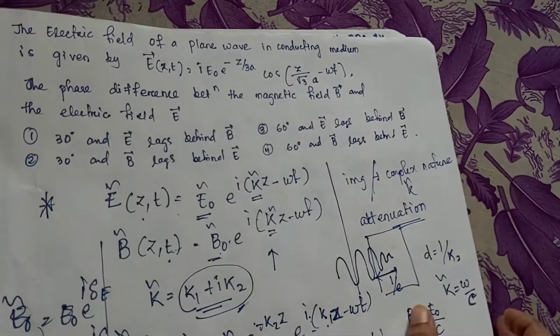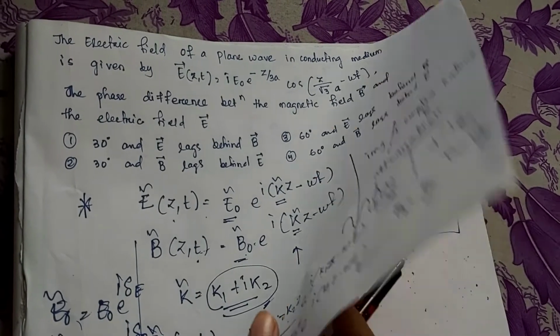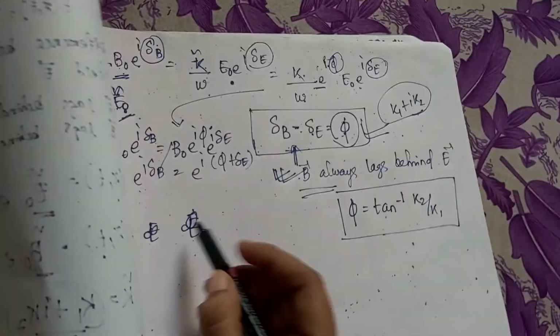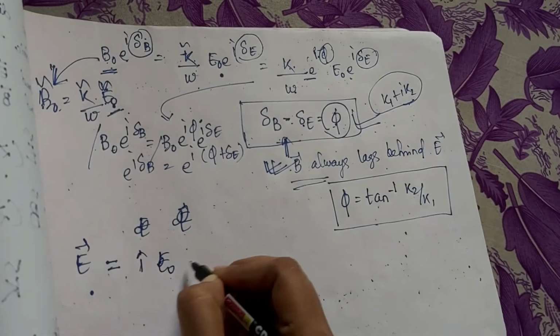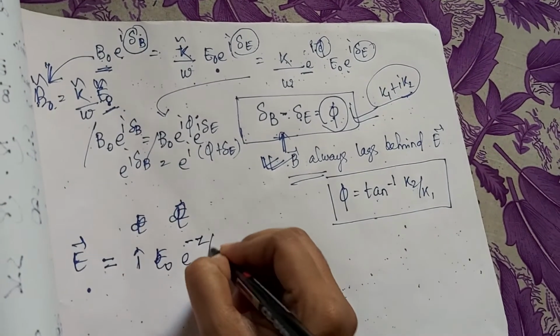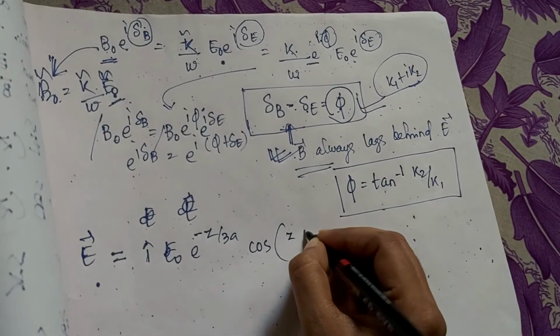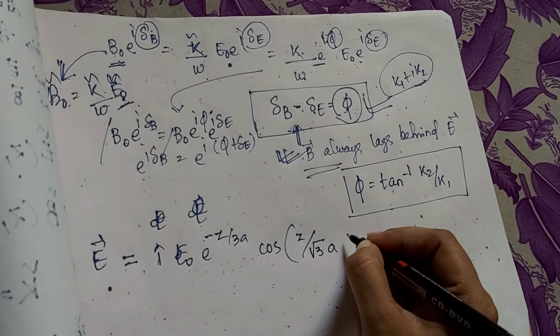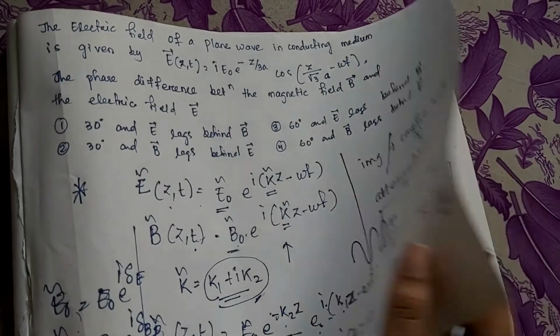i E naught e to the power minus z by 3a, i E naught e to the power minus z by 3a cos z by root 3a minus omega t. I hope this is right, let me check one more time.